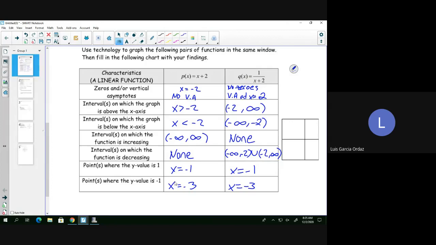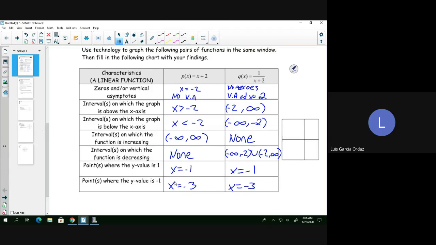So as you can tell, the reciprocal and the parent function both intersect when the y's are +1 and -1. So as you can see over here, the parent function and the reciprocal intersect at -1 and 1, and also at -3 and -1.